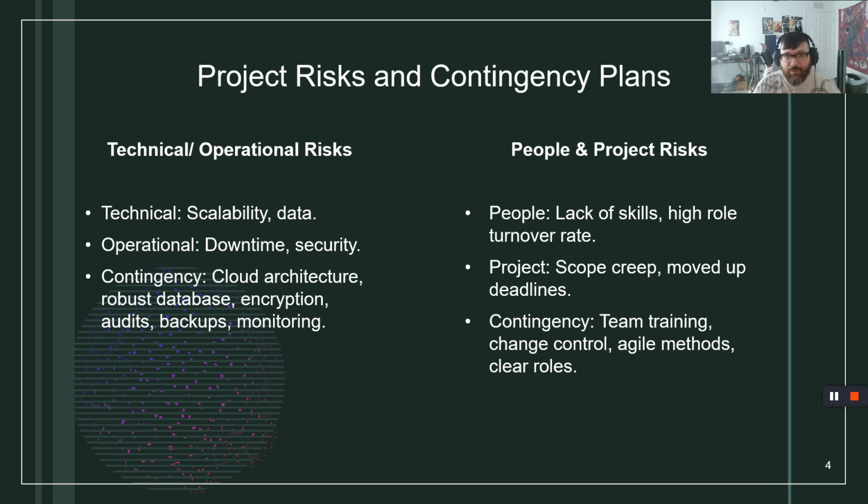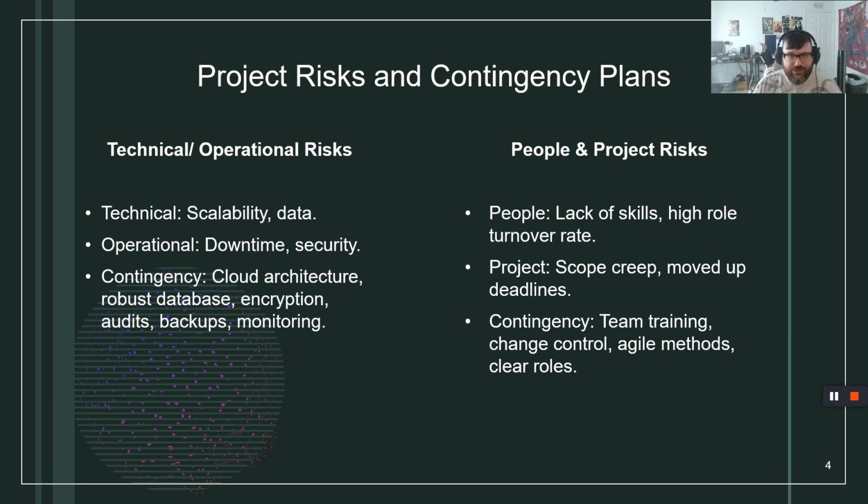Are people accessing it that they shouldn't be accessing it? Some of the security operational risks, as we mentioned before. Security is an operational risk, but this is more geared to the data center or the business that would be hosting it. We want to make sure that we're also proofed against in-person attacks.